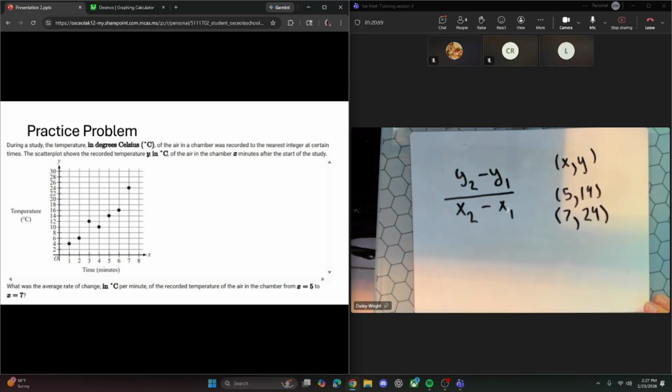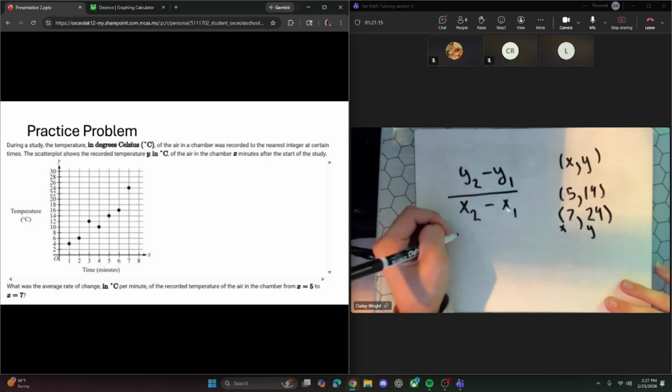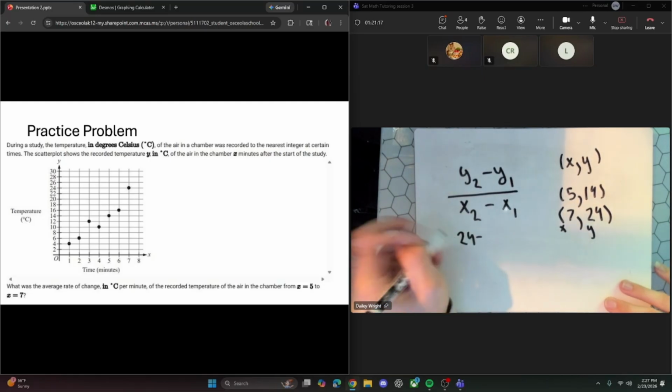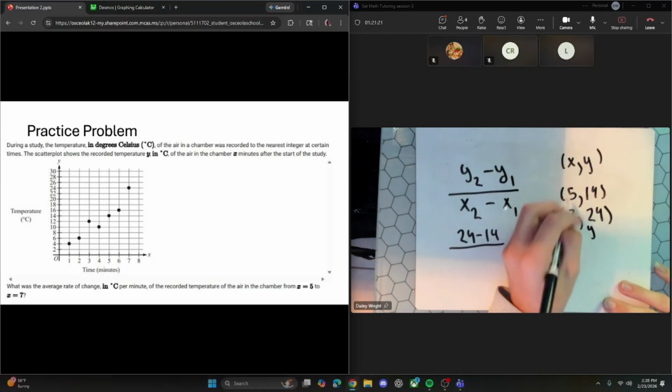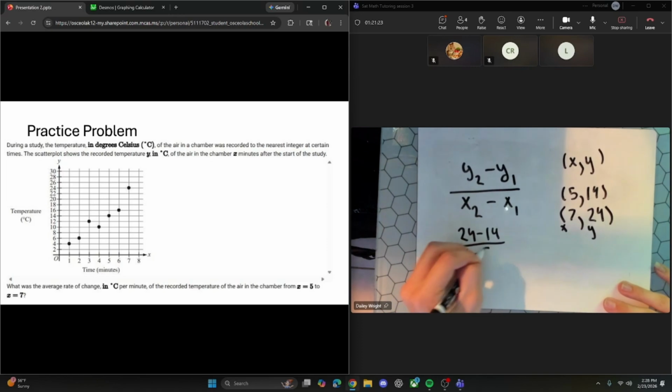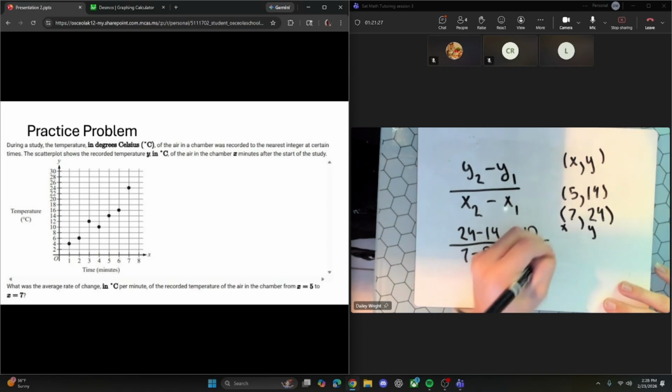Now you can use either as y2 or y1, or like the second point or the first point. I always like to go with the bigger point. So these are your x's and these are your y's. I'm going to use (7, 24) as my x2 and y2. So y2 would be 24 minus y1 would be 14, over 7 minus 5. This equals 10 over 2, which equals 5.